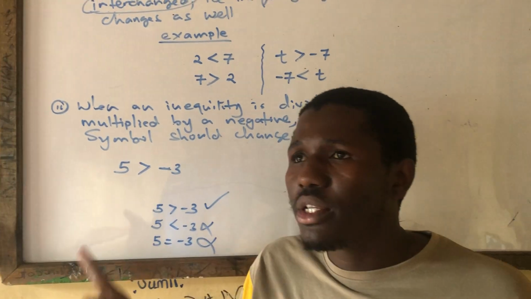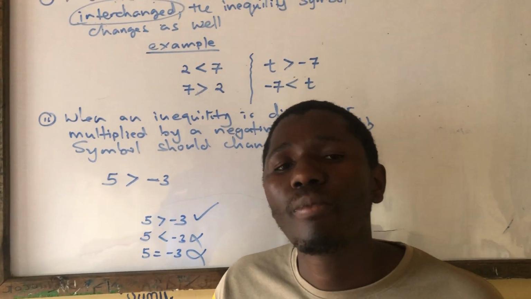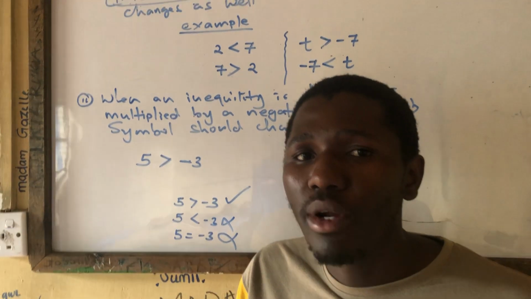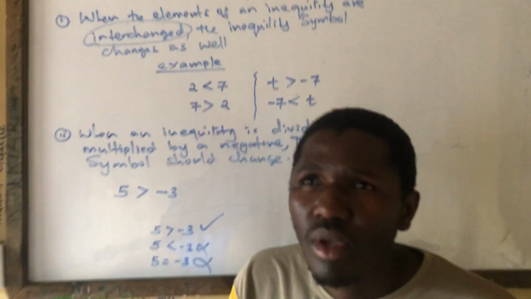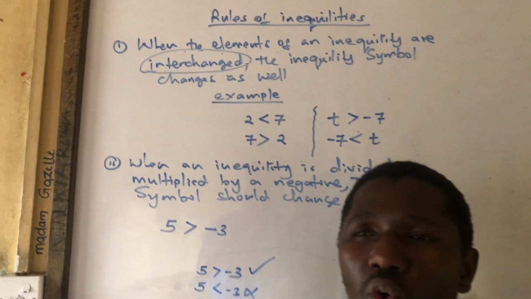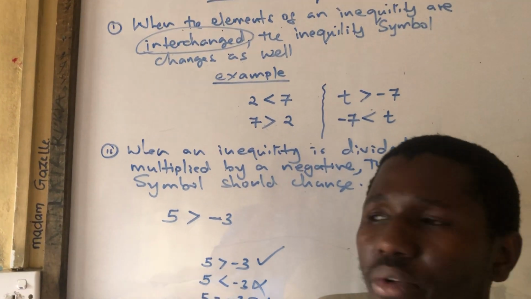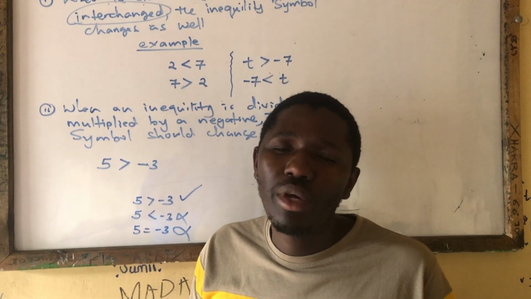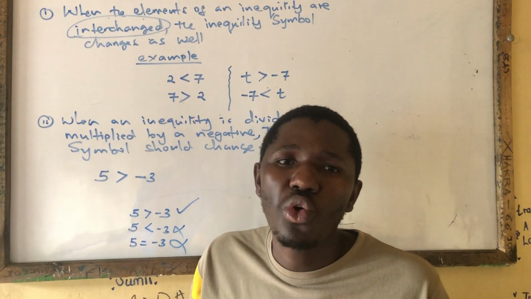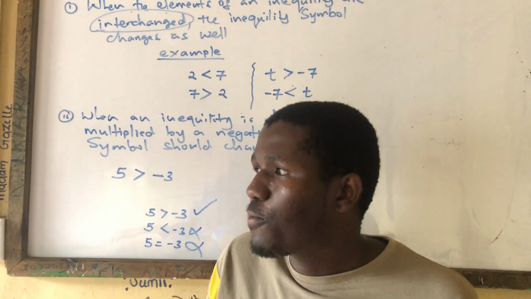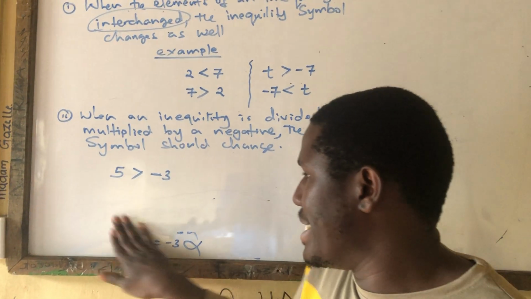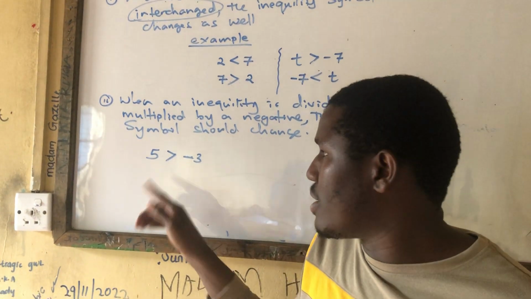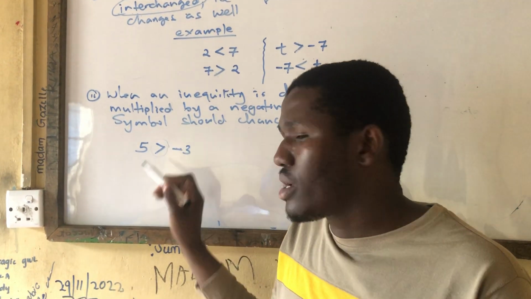When this inequality is divided by a negative or multiplied by a negative, the inequality symbol should change. I know you could be asking yourself, what would make me want to divide an inequality by a negative? You'll come to see when we get to solution of inequalities. For now, just bear in mind that anytime an inequality is divided by a negative, this symbol has to change.